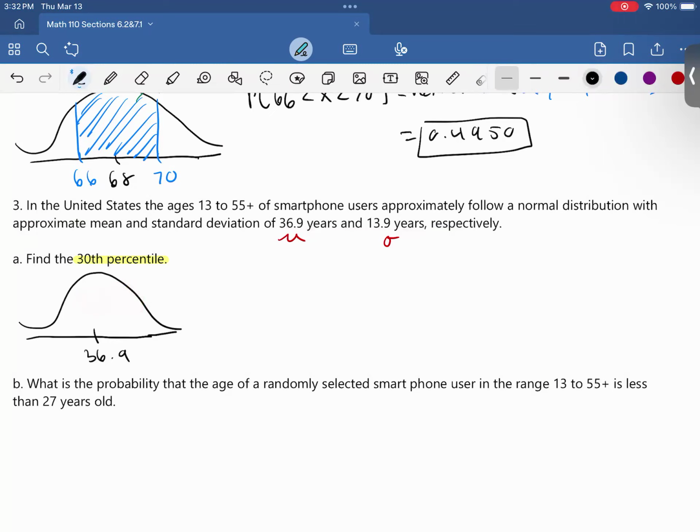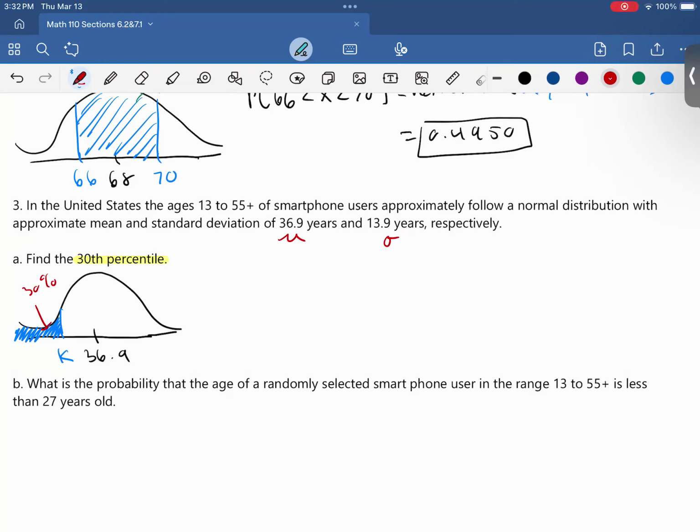So I'm assuming K is going to be right there. So here's K, and 30th percentile means everything below it. And so what I know is that in here is 30%.